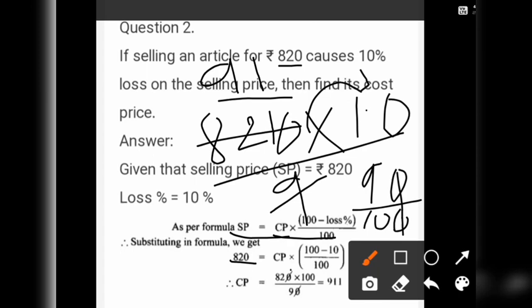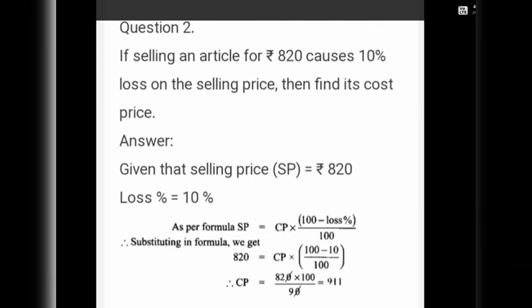From the 1 means 10, it gets again 1 9 is 9, and so on. So 0.111 is going on. So our answer is 911. That is the cost price.